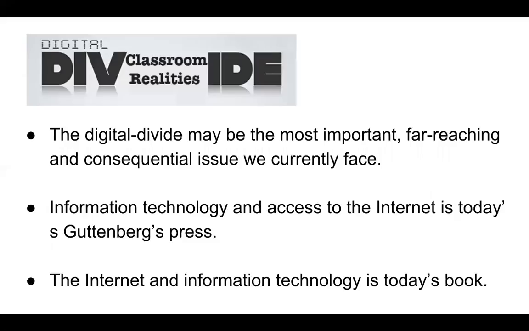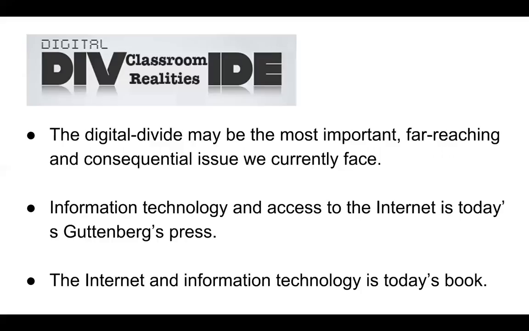And the digital divide may be the most important, far-reaching, and consequential issue we currently face. Information technology and access to the internet is today's Gutenberg's press. The internet and information technology is today's book. Gutenberg's press brought reading to the masses and the ability to share information more readily and outside of the confines of those who had controlled knowledge and access to information.